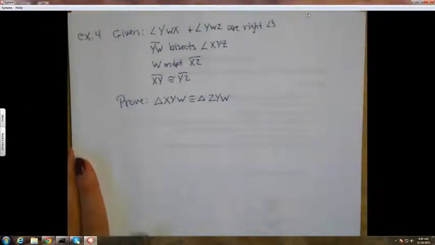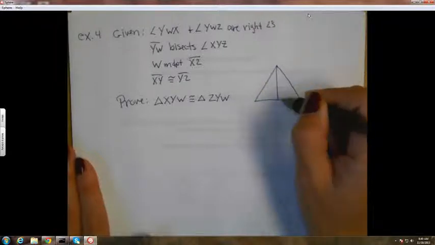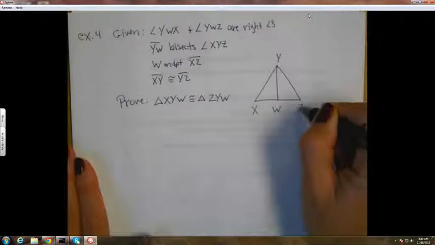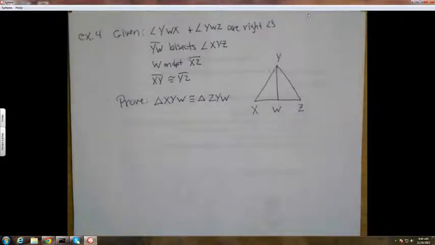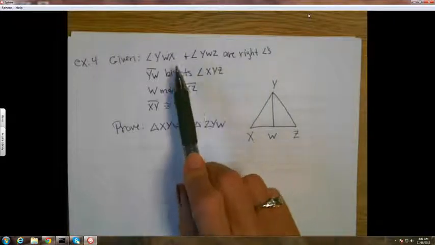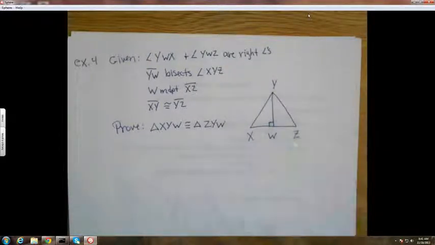And here's our picture. Okay, we're gonna mark our right angle, YWX, that's right here, and YWZ, so on the other side you got your two 90s there.